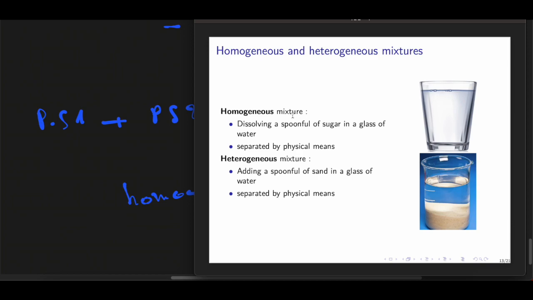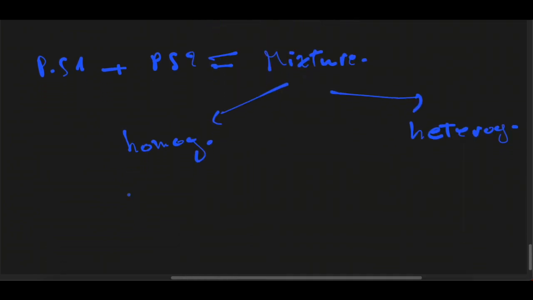For a homogeneous mixture, for example, if we take a spoonful of sugar and add it to a glass of water, we all know this experiment. Before adding the spoonful of sugar and after adding it, we cannot observe a difference. Why? Because the mixture of water and sugar is homogeneous.